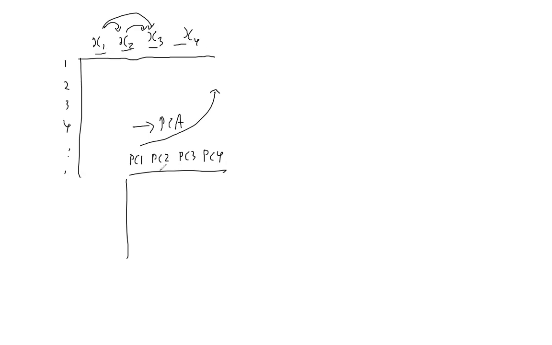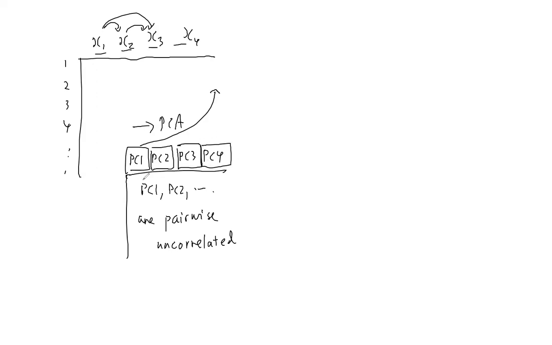The important part about principal components is that PC1, PC2, and all that are pairwise uncorrelated. PC1 is not correlated with PC2, PC3, or PC4. Therefore, there is no redundant information contained in your PC1, 2, 3.